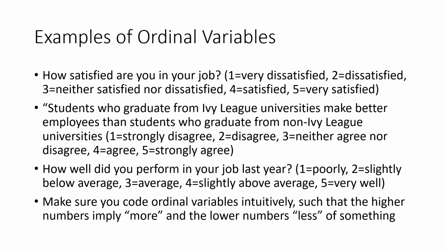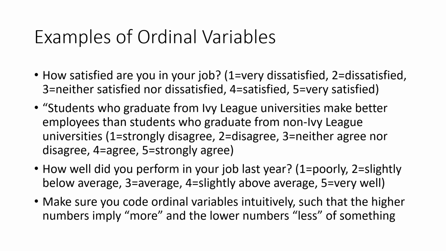Here's a few examples of ordinal variables. Remember that ordinal variables, like nominal variables, are categorical and they have to be coded. But nominal variables are non-hierarchical, whereas ordinal variables are hierarchical. Right? So the first one is probably the most widely measured variable in all of management science, and that's job satisfaction.